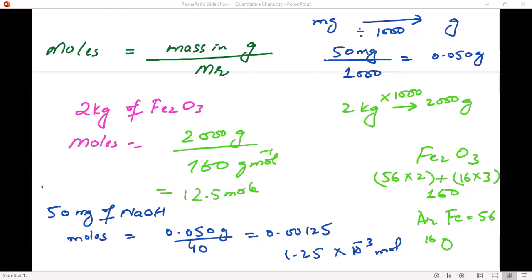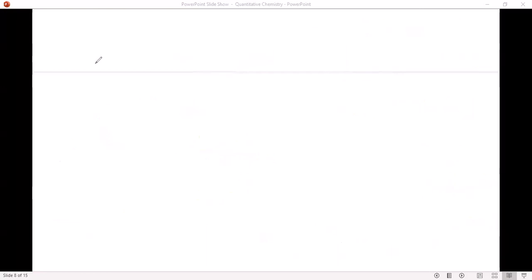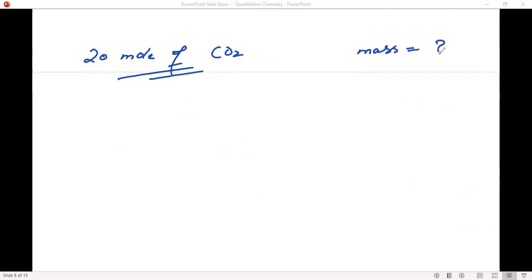So this is how we find moles if mass is given. Sometimes they give us moles, like 20 moles of carbon dioxide, and ask us to find mass. What do we need to do? Use the same approach. You know moles is equal to mass in gram over MR. You just need to rearrange this formula, bringing MR here.